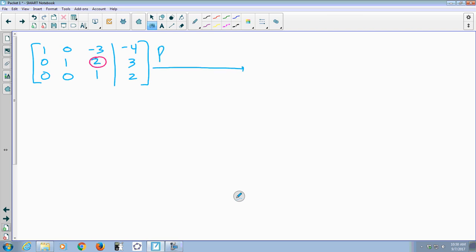So row 2 is going to become row 2 plus a multiple of another row, and I'm using row 3. The reason I want to use row 3 is because I have this nice 1, so it's easy to take a multiple of it. And I have the zeros over here, so no matter what I multiply by, I'm not going to mess up anything I've already done. So I'm going to do -2 row 3.